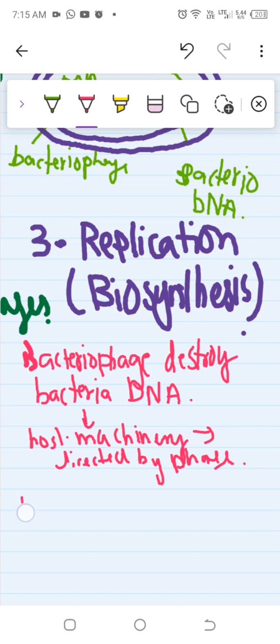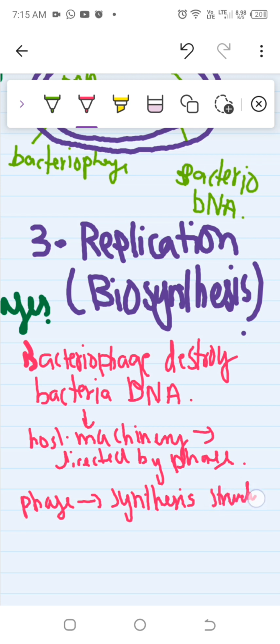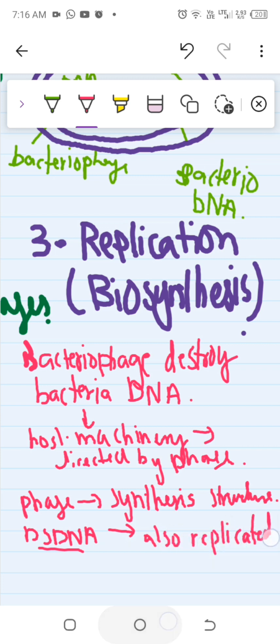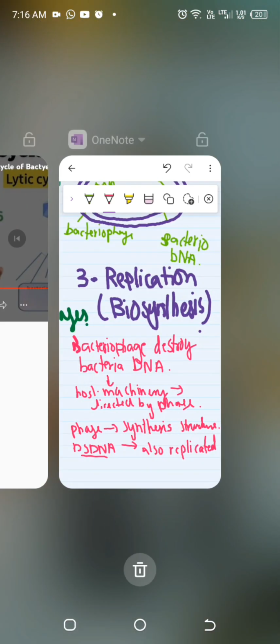So the phage synthesizes structural components by using the host cell machinery. When these components are made, the double stranded DNA, which was the T4 bacteriophage genome, will also be replicated.